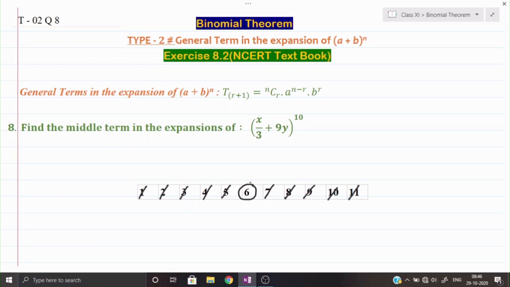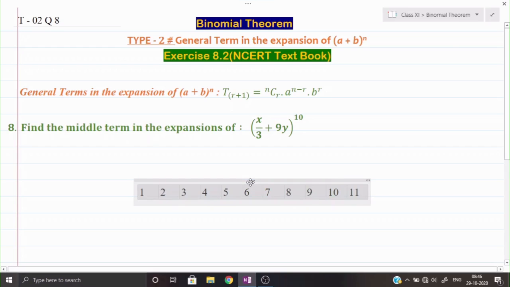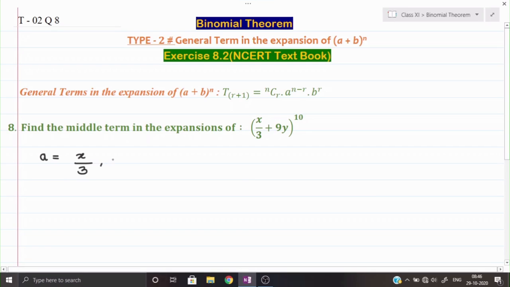So here we can say that term number 6 will be the required middle term. Now first we shall write down the value of a equal to x upon 3, b equal to 9y, and n equal to 10. Okay, now let us start.